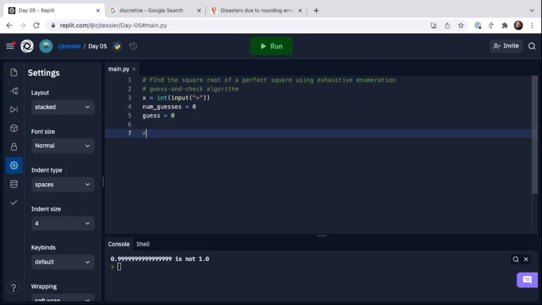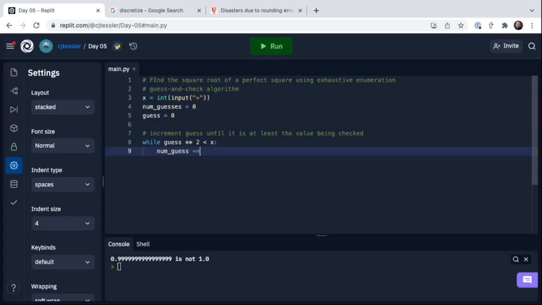So what we're going to do is increment guess until it is at least the value being checked. So while guess squared is less than x, what we're going to do is increment our guess count, and guess will be incremented by 1 as well.